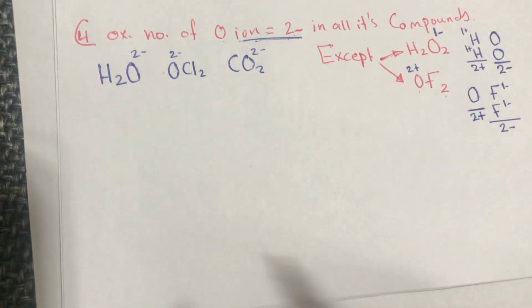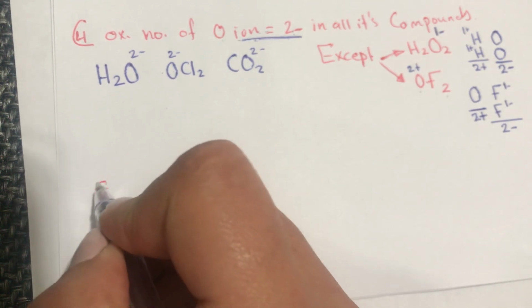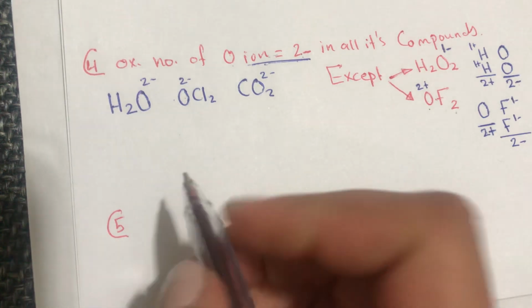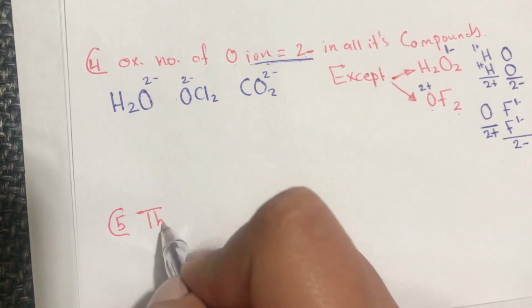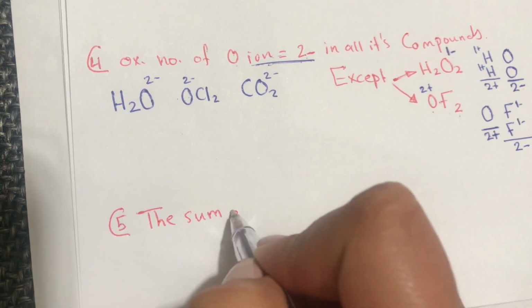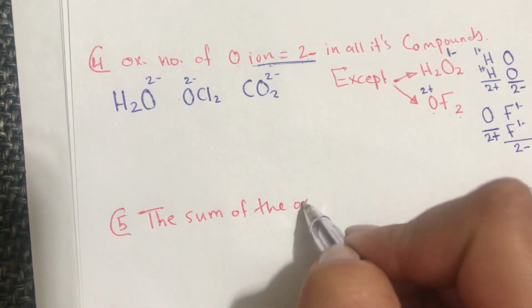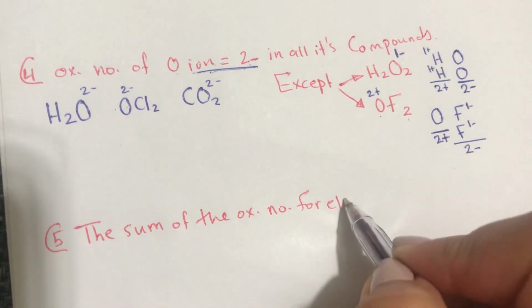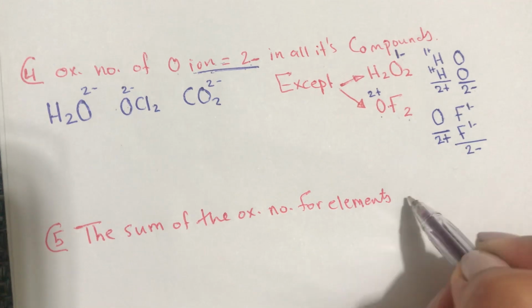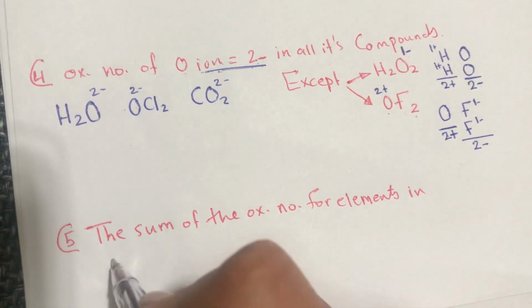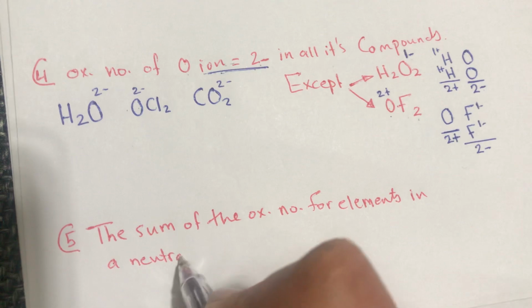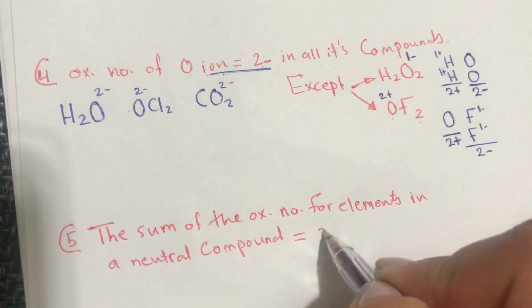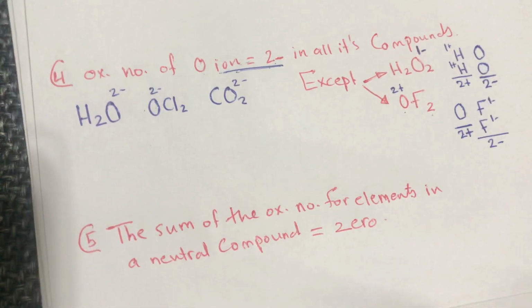Rule number 5. The sum of the oxidation numbers for elements in a neutral compound equals 0.